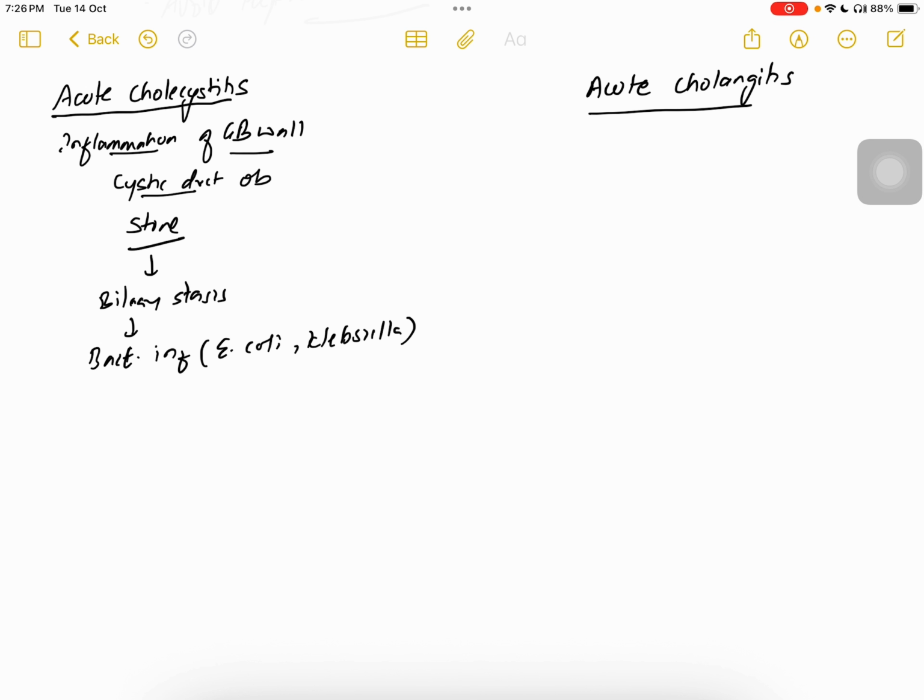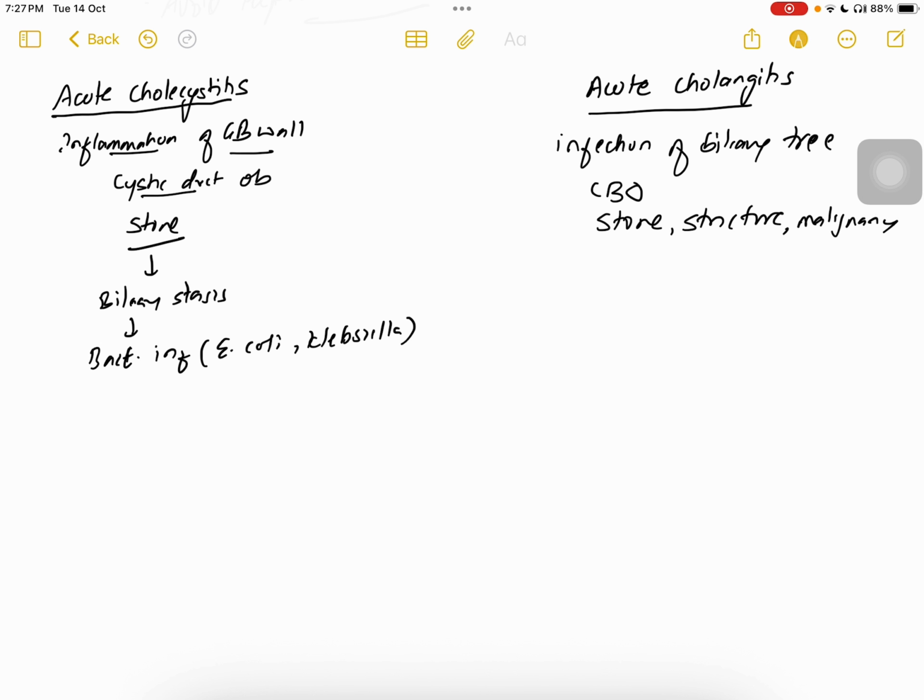While acute cholangitis is an infection of the biliary tree itself, due to obstruction of our CBD, the common bile duct, by a stone or worms, or a stricture, and it can be due to malignancy as well.